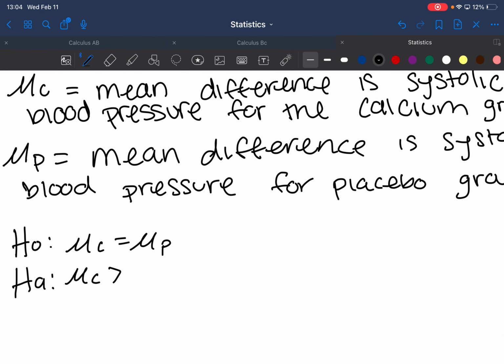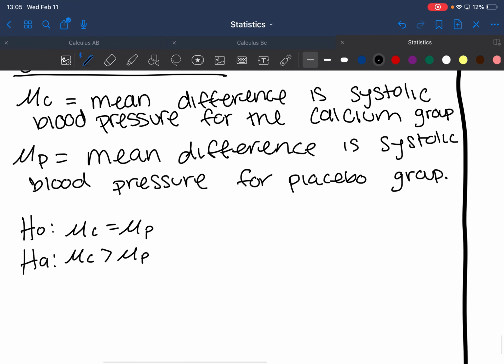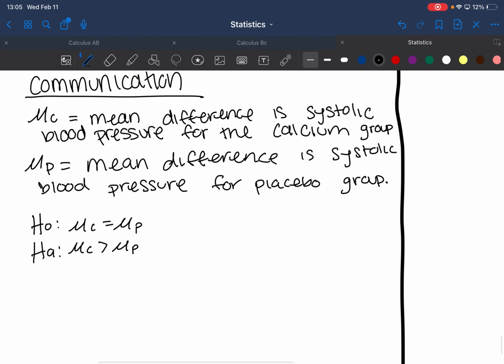The other one is the placebo. And then for normal, we have to see if both sample sizes are greater than or equal to 30. Are they? No, so we say both nC and nP, the sample size of each, are less than 30, so we graph.